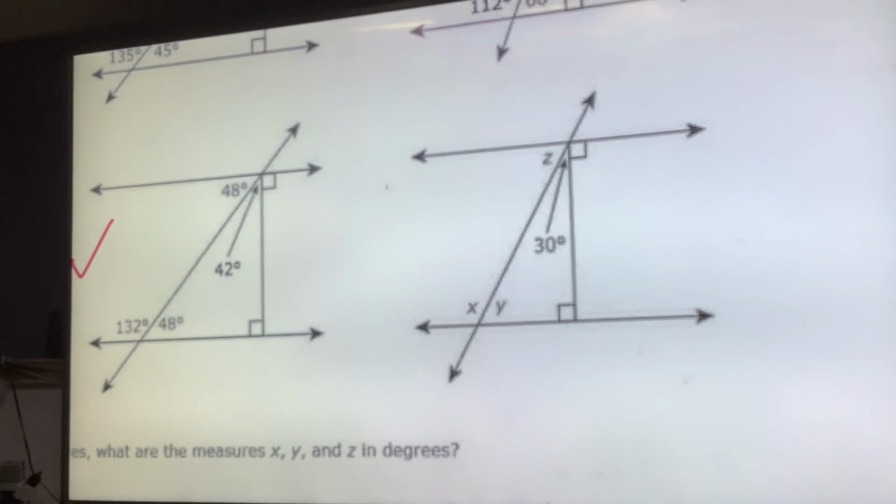Okay, so step 1. If you know that this is a straight angle, it has to equal 180 degrees, okay? So now, if I have 90, because remember those are 90 degrees, if that is 90 plus 30 plus x, or your z, whatever letter you want to use there.